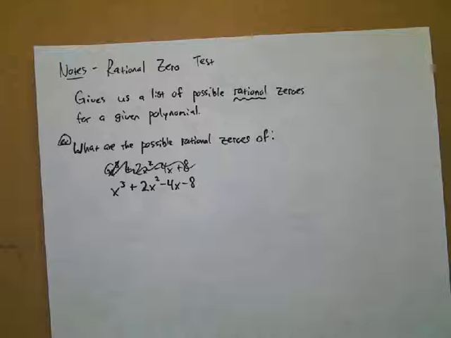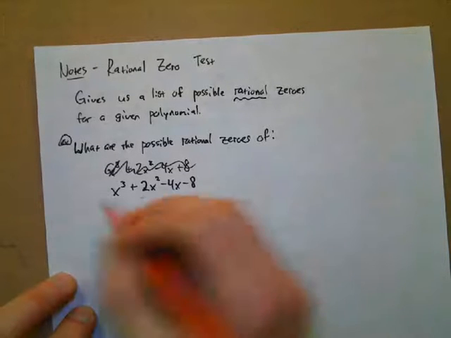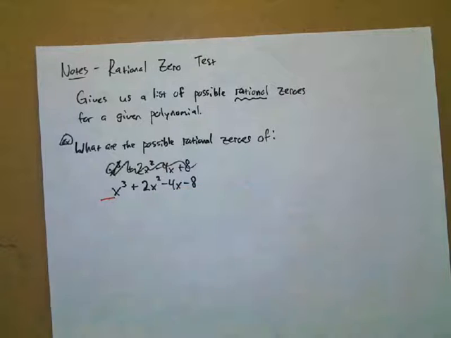So to apply the rational zeros test, what we need to do is first identify two pieces of our polynomial. Part number one is the lead coefficient here, which is positive 1.